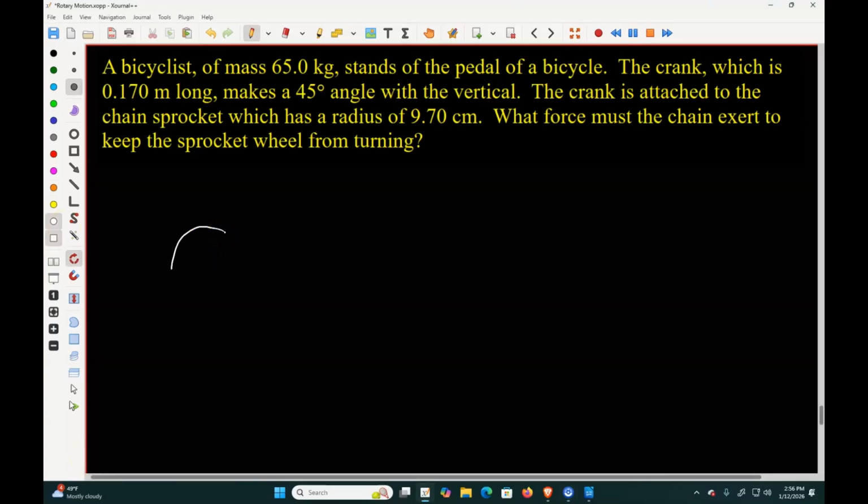So if this is the sprocket, I have a pedal coming up here. This pedal is at 45 degrees. This radius is 9.7 centimeters.